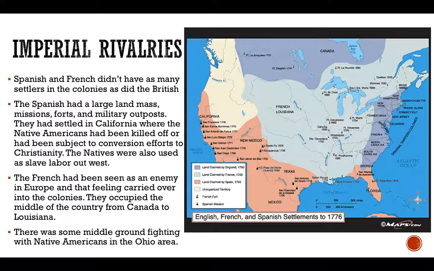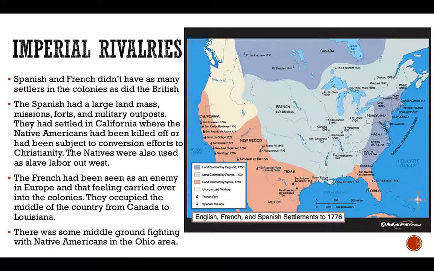And it was mostly missions, forts, and military outposts, so it was very sparsely populated. Some had settled in California, where the Native Americans had been killed or moved off, and this also led to the need for laborers, which at this point were often Native Americans.